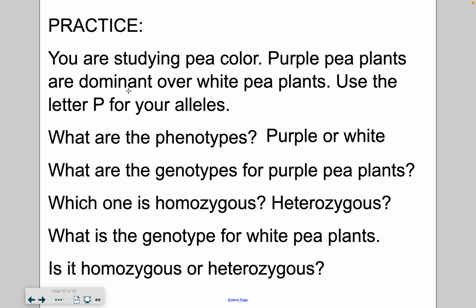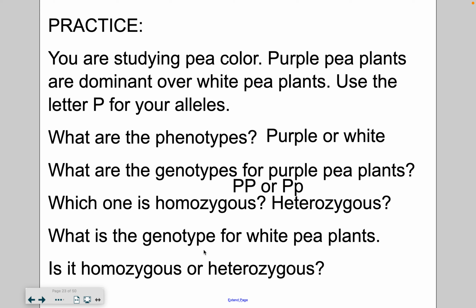Purple pea plants are dominant, so that means dominant is going to have the capital letter. So you could be big P, big P, or big P, little p. Which one's homozygous? Homozygous means the same, so big P, big P, those letters are the same. Heterozygous, hetero means different, big P, little p.